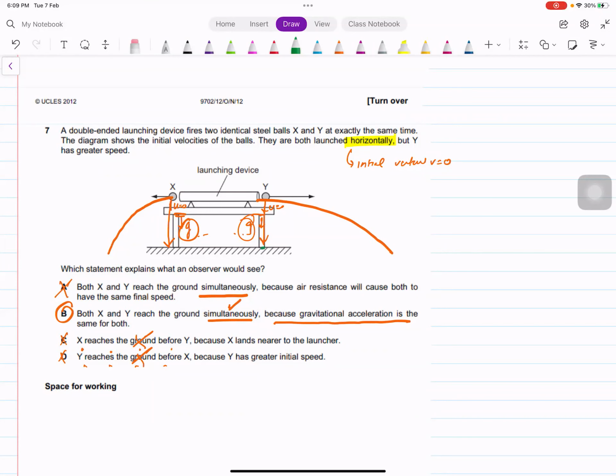So the horizontal displacement is dependent on this velocity, not the vertical one. The height is the same, so it will take the same amount of time to fall down. But this will fall further away, and this will go less horizontal distance. Do you understand? So do not mix both of them. They're both different things. Okay? Got it?